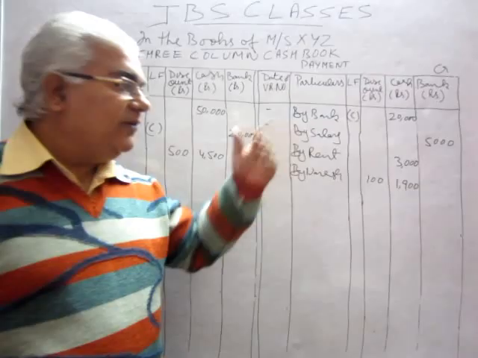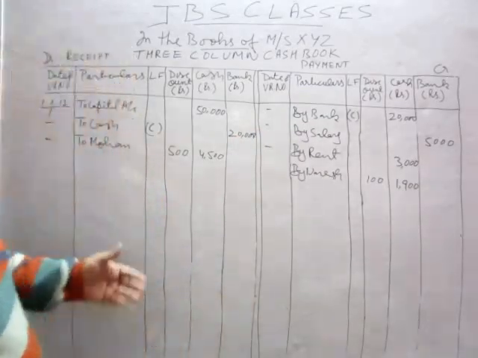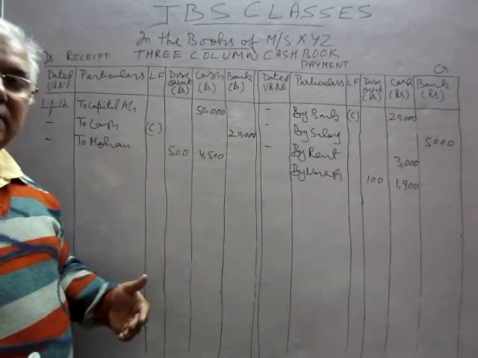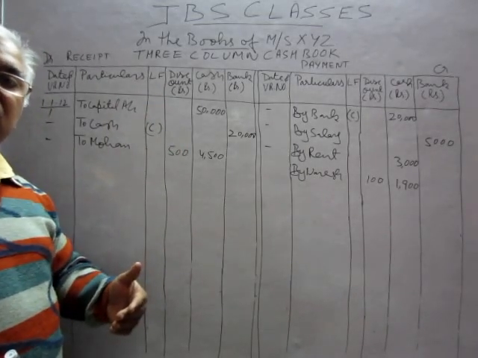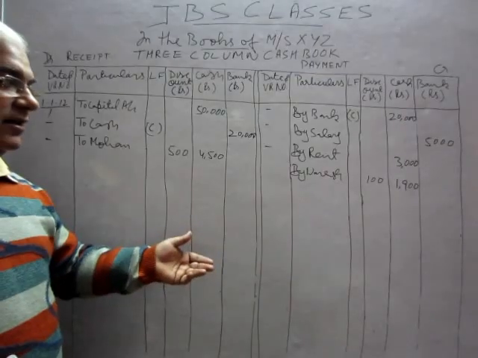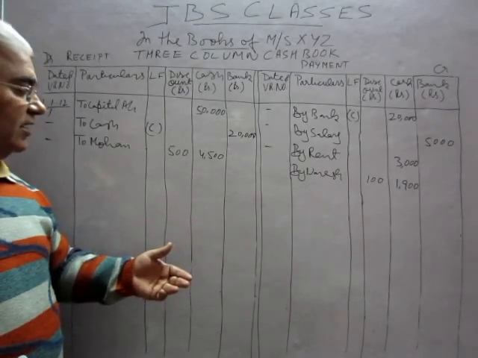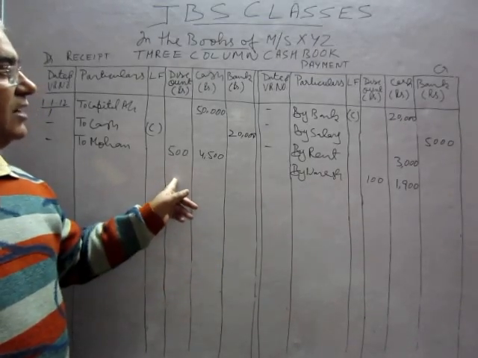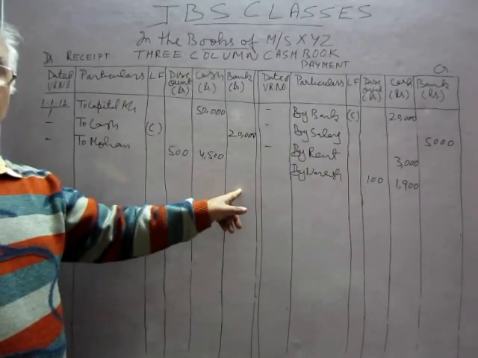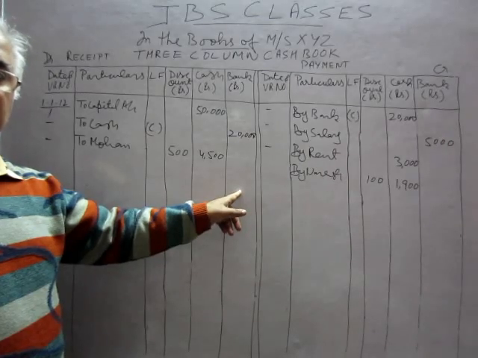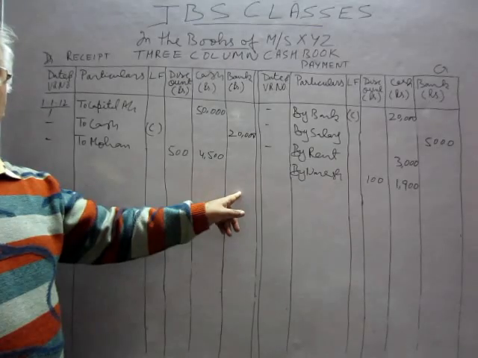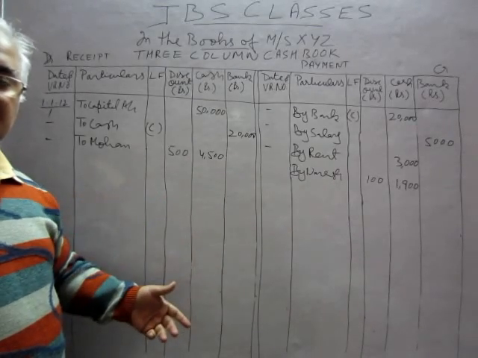Clear? Similarly, if we receive payment from some of our customers, and they make payment through check, and we allow them some discount, then entry will be in the discount column as well as in the bank column. For example, from Ram, we receive 3,000, on which we allow him a discount of 200 rupees.